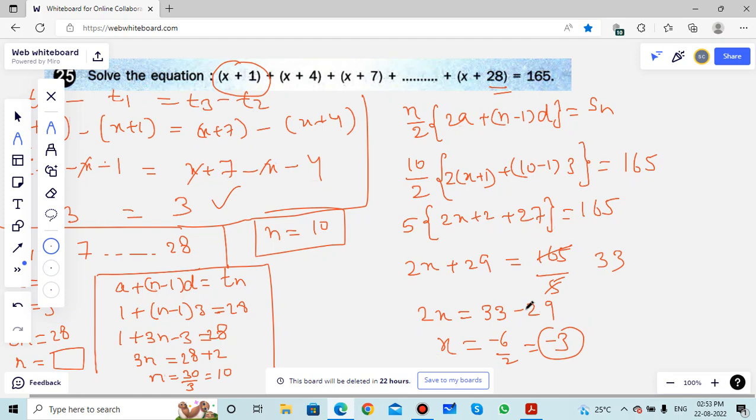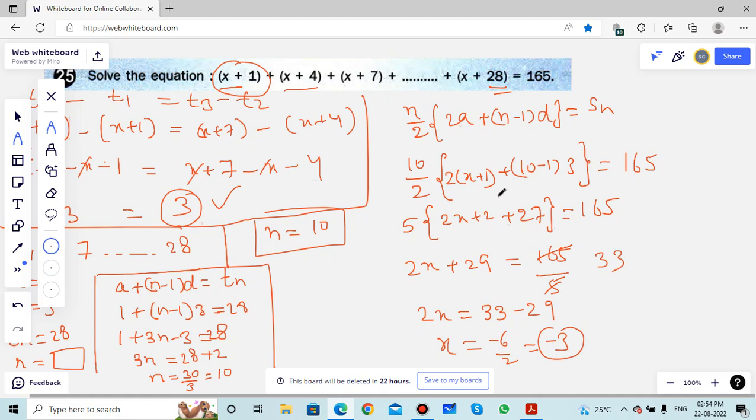Give me 1 second. What should be there? See, the problem is d that we cannot get from here. D is not 3 here. We took it wrong. Because second term minus the first term should give you D. And this is what we have taken here, right?